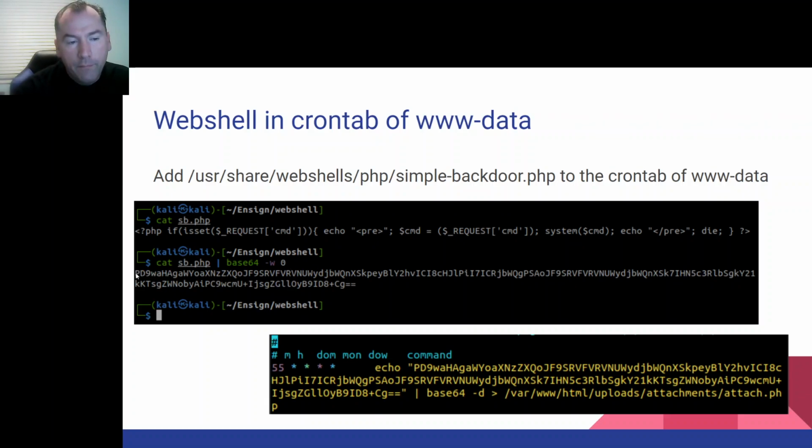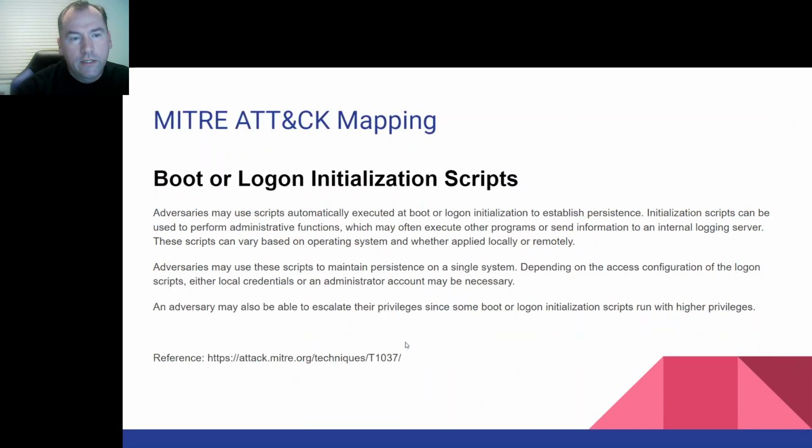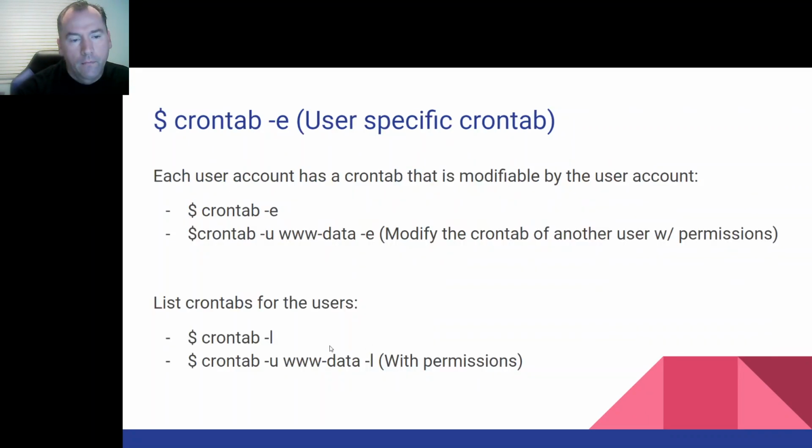And then I've copied this base64 code into the cron tab. So earlier we talked about using cron tab -u for www data and editing it. So as the vagrant user, from an elevated shell, you can execute this command.